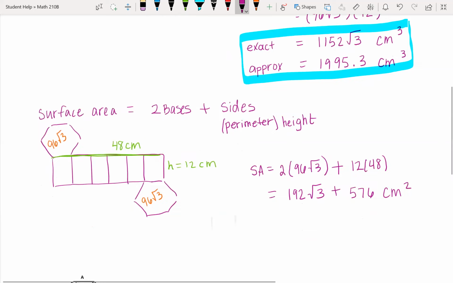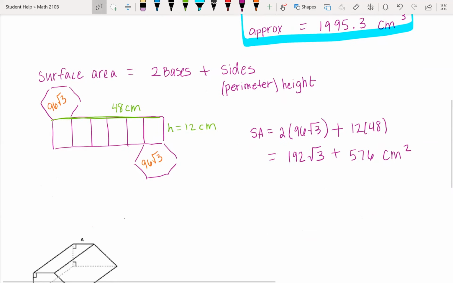Now remember, because one of these terms has a square root and the other doesn't, we cannot combine them together. This is the exact answer. The approximate answer, if I plug that into the calculator, I'm getting 1908.6.